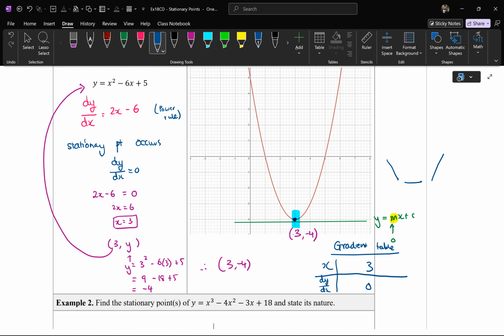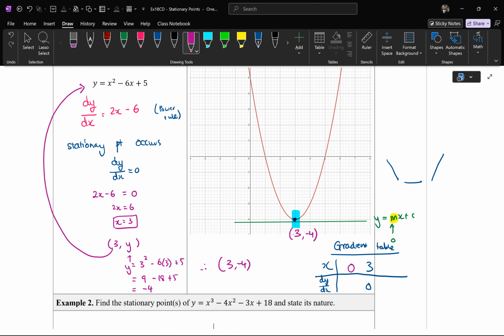So here we choose any number less than 3 to be the left value. And you can choose whatever number. It could have been 1, could have been 2. I would choose 0, just because 0 is easier. Now if I choose 0, how do you show that the gradient is going to be negative? Where do you sub it in?